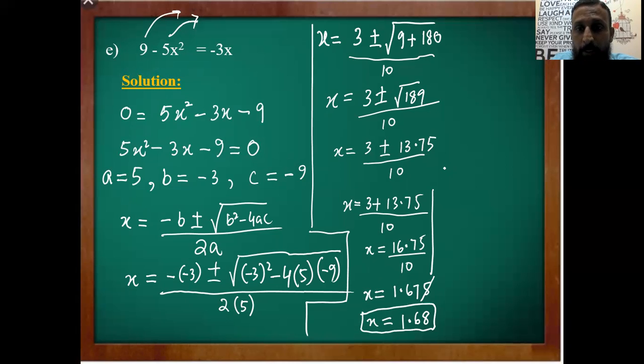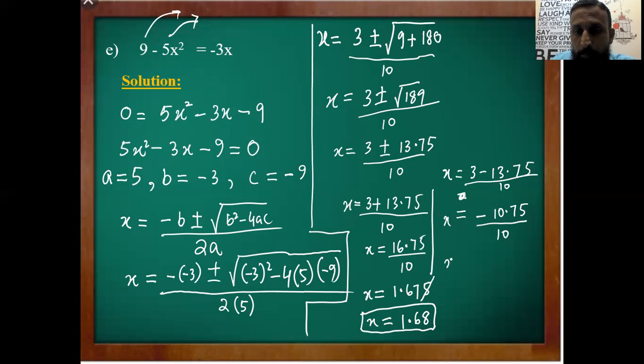All right, the next part, x equals 3 minus 13.75, whole upon 10. When we do the needful subtraction, boys and girls, 13.75 minus 3, sign of the bigger number, we will have negative 10.75 divided by 10.